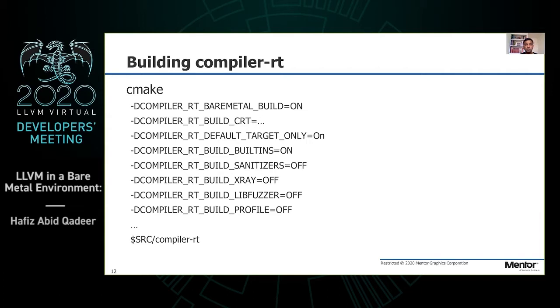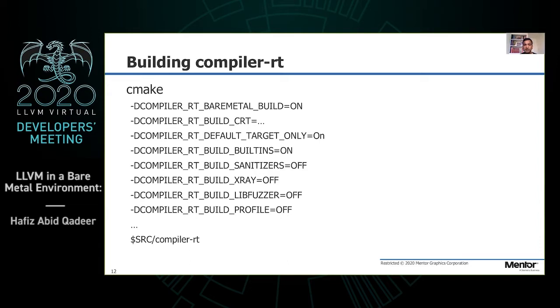So first I show the CMake variables which are relevant for compiler RT. The first one is compiler RT bare metal build. This CMake variable helps us select some source files for the build.